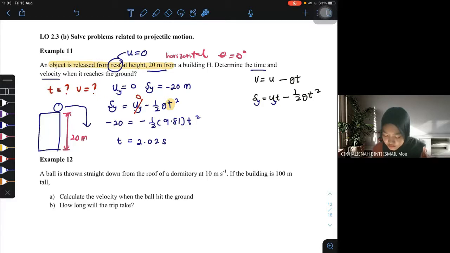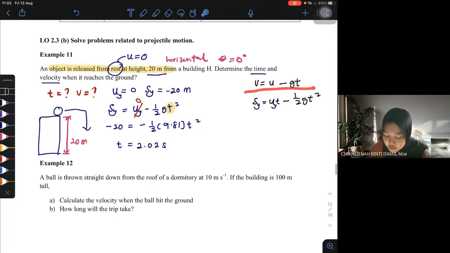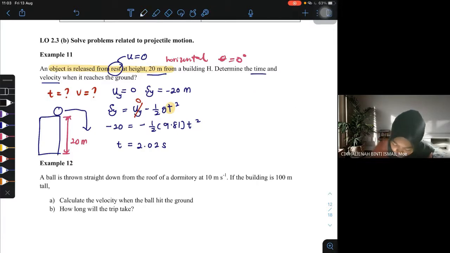Okay, so next one. Okay, now that we have t, we can find the value for v, velocity. So we can either using this one ataupun the other one untuk v, which is v square is equal to u square minus 2gsy. So benda yang samalah, either one kamu boleh gunakan. So kita gunakan yang senang, which is vy is equal to uy minus gt.